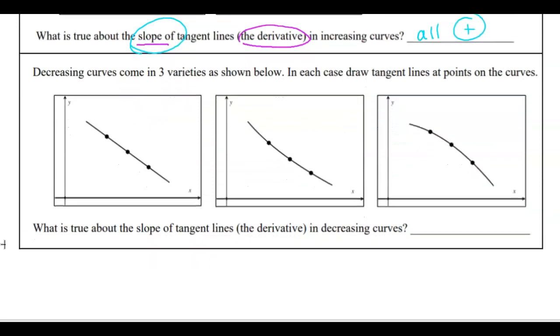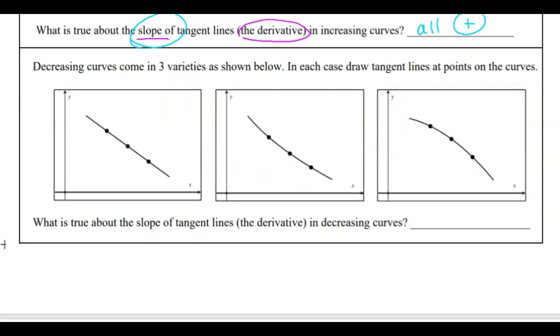Now, let's look at the next one. We look at decreasing functions, and we'll draw these tangent lines. The tangent slopes here are the same. As we go, it's kind of hard to tell, but these are getting flatter, and these actually get steeper.